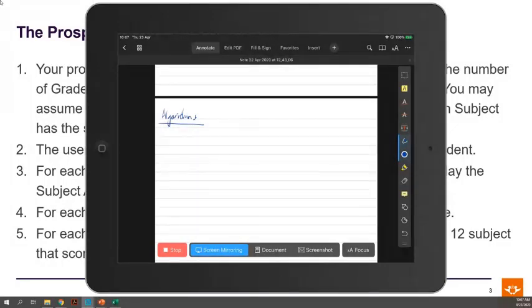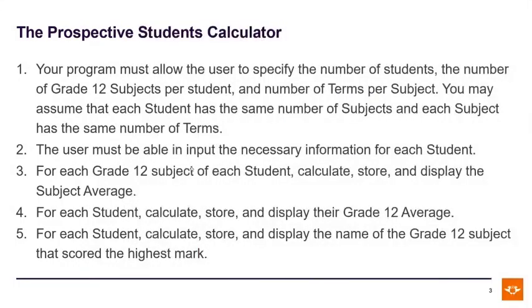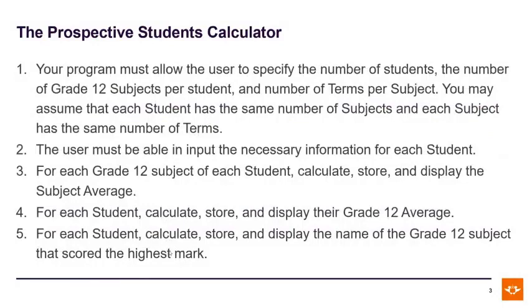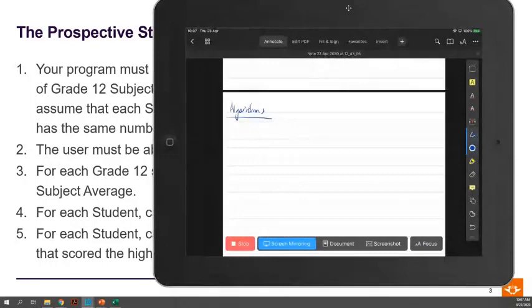The one that I want to go through with you is question 5, which is, for each student, calculate, store, and display the name of the grade 12 subject that scored the highest mark. For every single student, we would like to know the name of their best subject.